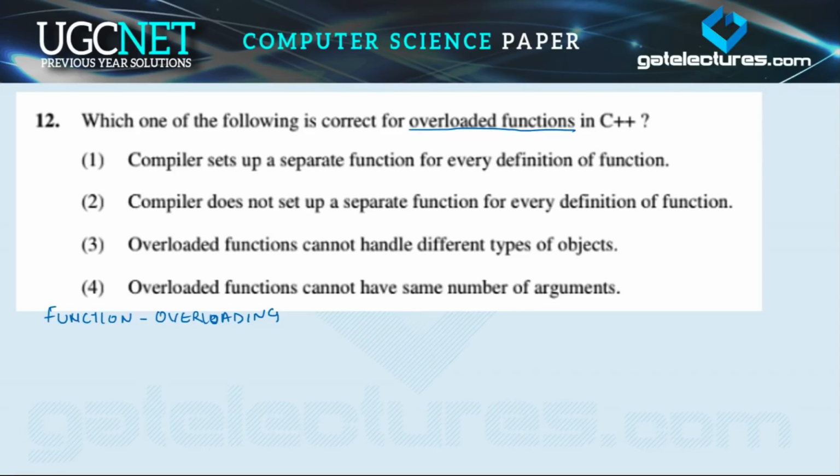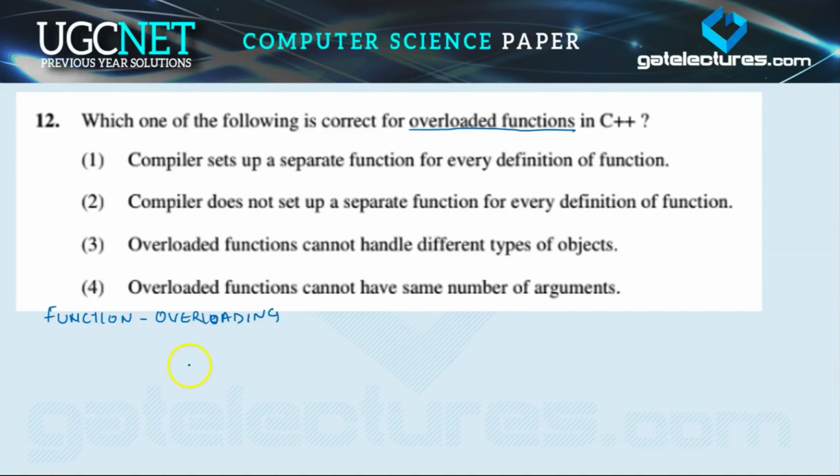So if more than one function is present in your program with the same name, but they have different arguments, then you can say that it's function overloading. So this is function overloading.